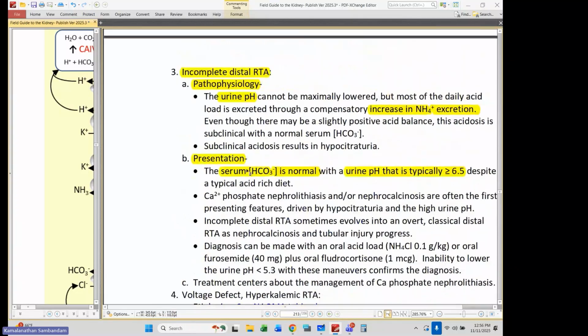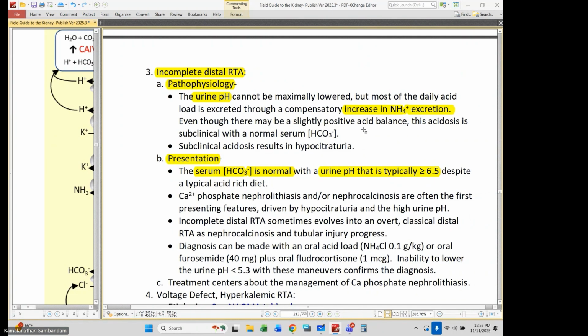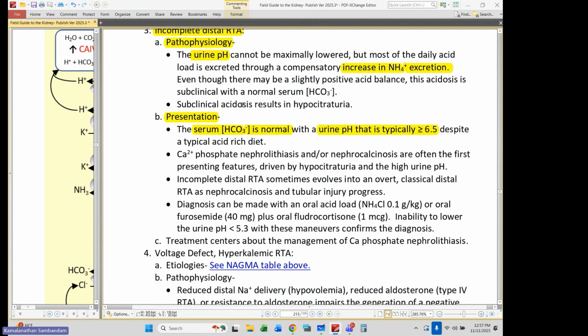But incomplete RTAs may differ from that, and maybe that's why it deserves a different category, because some people have described these patients, in order to achieve balance, they just crank up their ammonium excretion rates, which would be different from a distal RTA. These patients, again, often have hypocitraturia. It doesn't take much in order to render your urine citrate low.